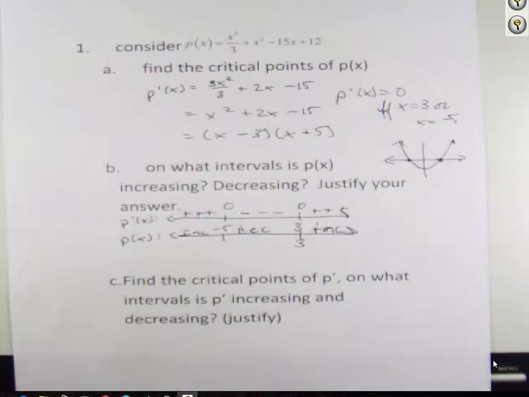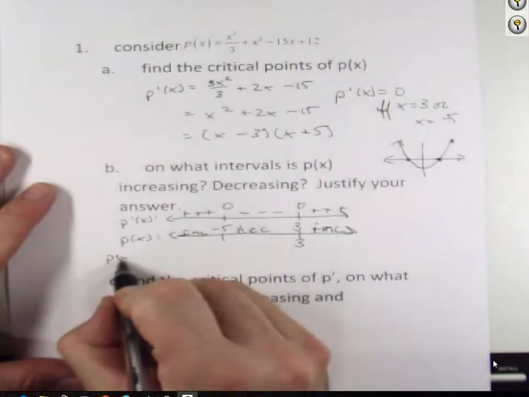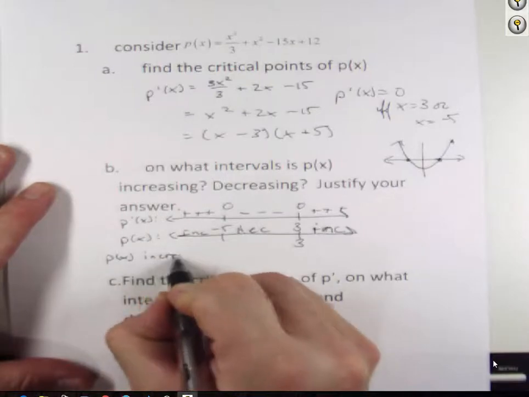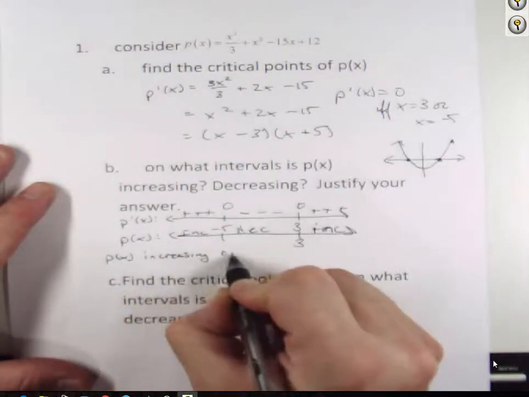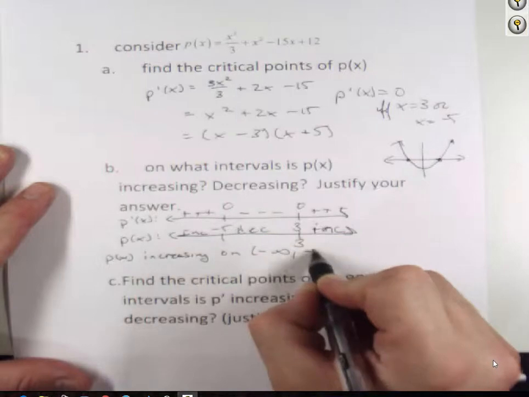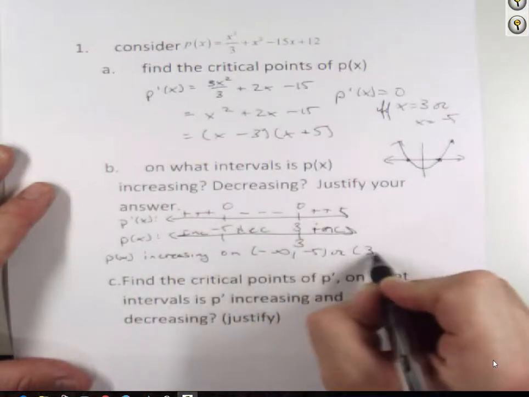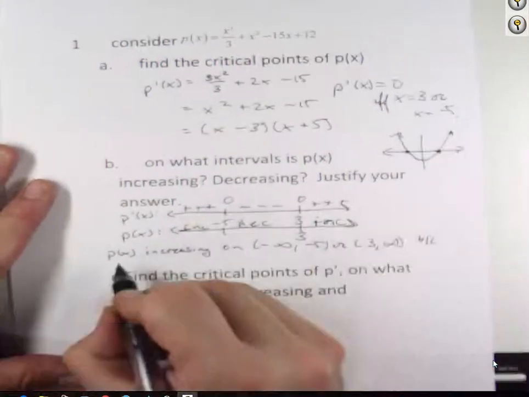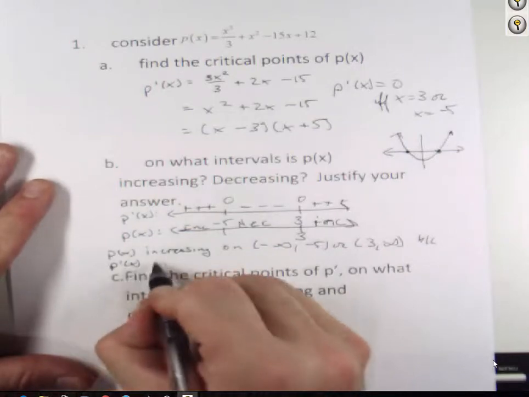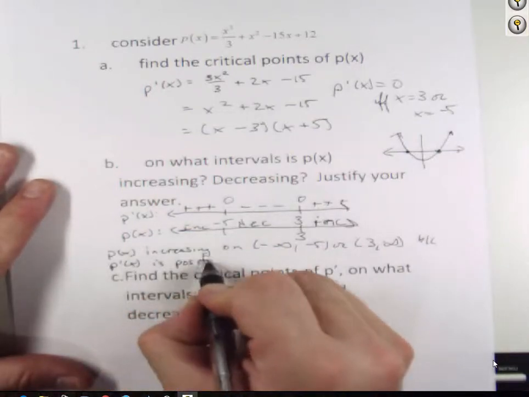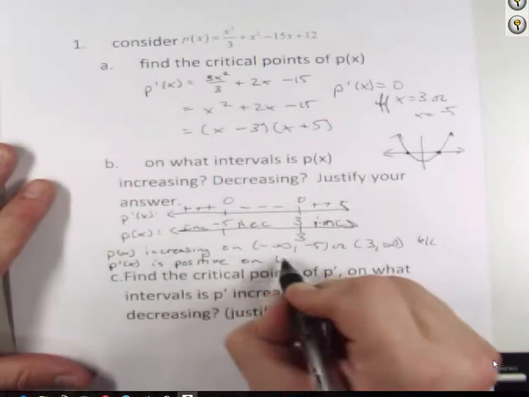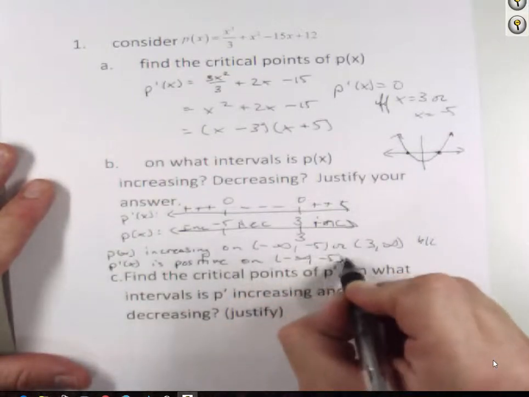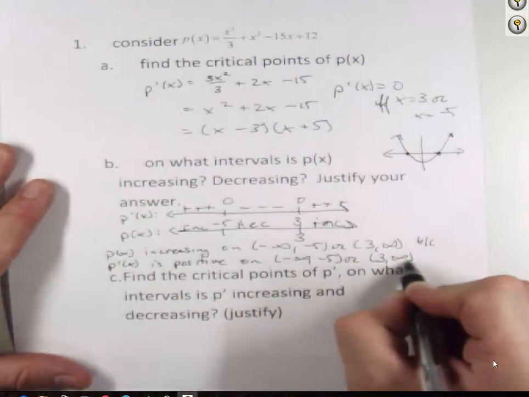All right. Now, you know a couple things. I didn't ask you, but you can talk about local extrema if I was to ask, but that was not the intention here. So P of x is increasing on minus infinity to minus 5 or 3 to infinity, because P prime of x is positive there.